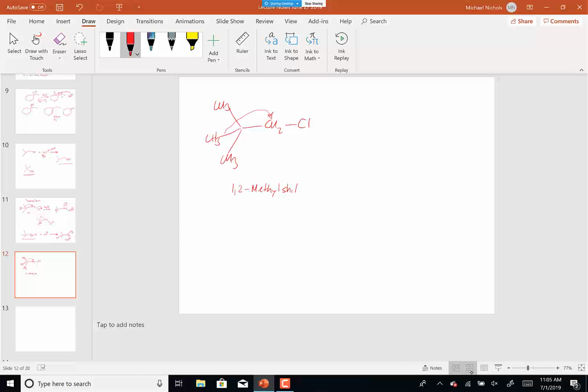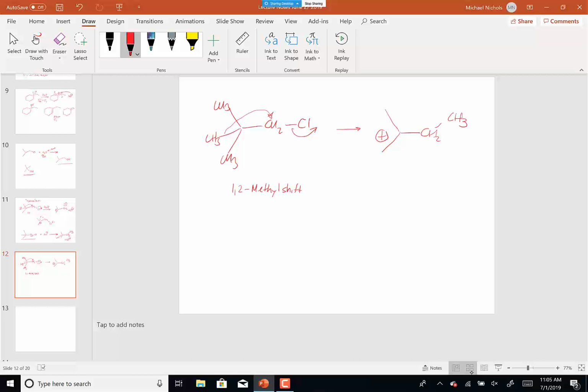And I should have said that the hydride shift was a 1-2 hydride shift. The 1 and 2 just means it's moving next door, relative numbering. And if that happens, then I can kick off the chlorine so that I can now form a tertiary carbocation, and now that methyl group is attached to what was the primary carbon.